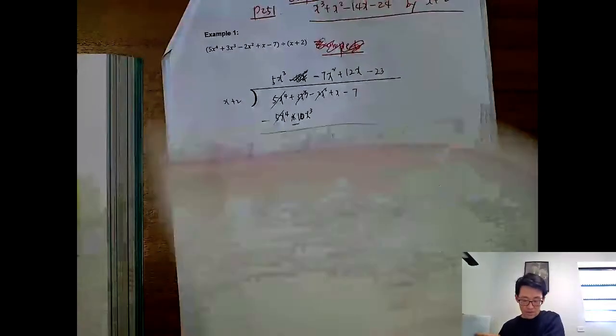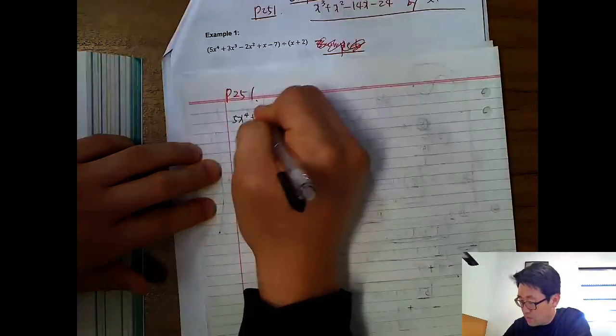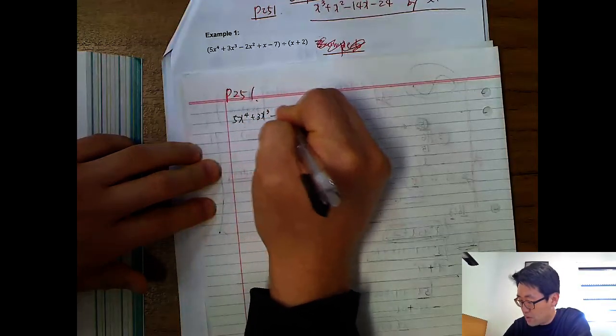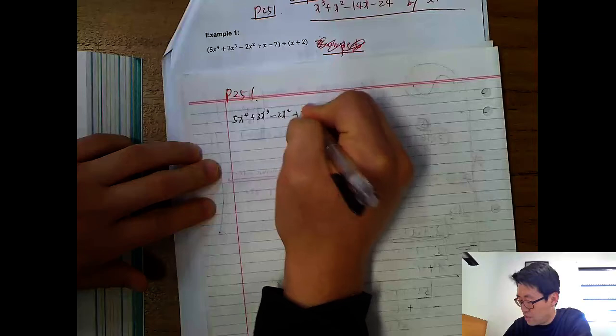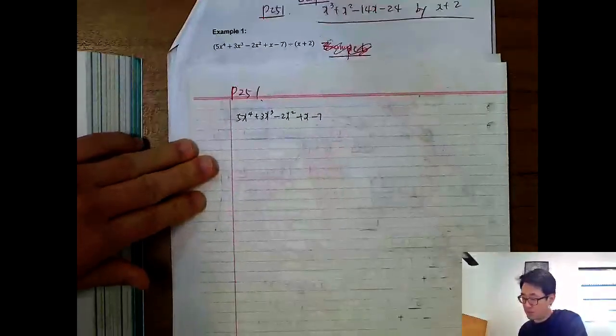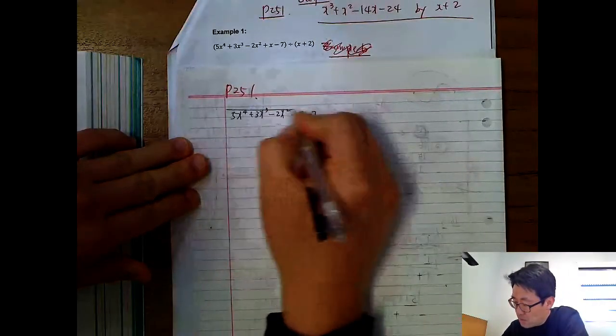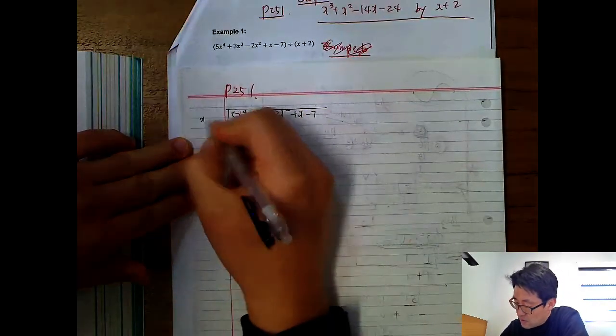So this one. I'll show you. I'll do this together. 5x to the power 4 plus 3x cubed minus 2x squared plus x minus 7, divided by the divisor.